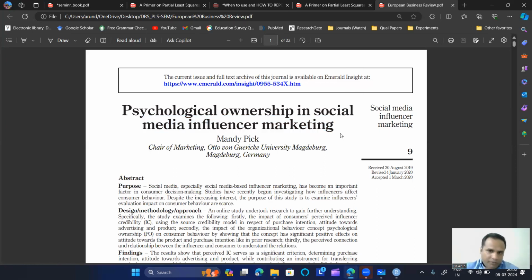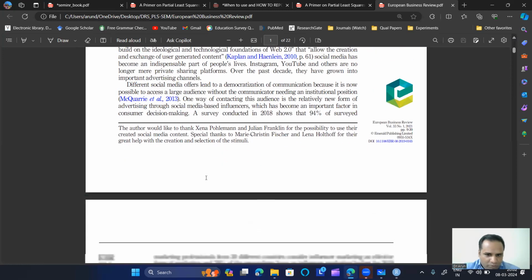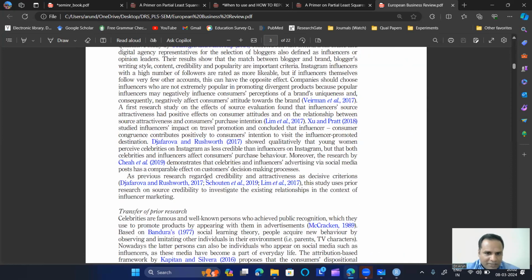The parallel mediation that we checked, SIC leads to PL, PQ, and then PI, more or less resembles this paper, but this paper tested a very different model. It is written by one person from Germany. Wonderful work this professor has done.